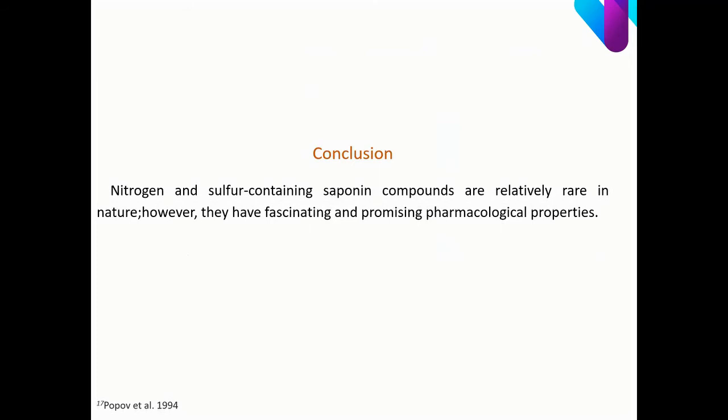Conclusion. We can say that nitrogen and sulfur-containing saponin compounds may be relatively rare in nature, but they have fascinating and promising pharmacological properties. We know all saponin compounds have some biological properties, including cholesterol lowering action, antibacterial action, antiviral action, hemolytic action, and other biological actions.